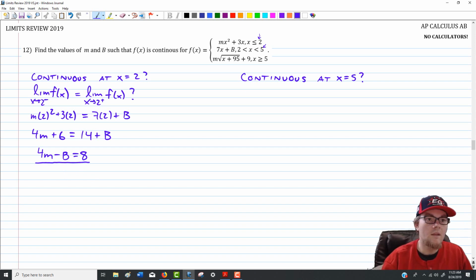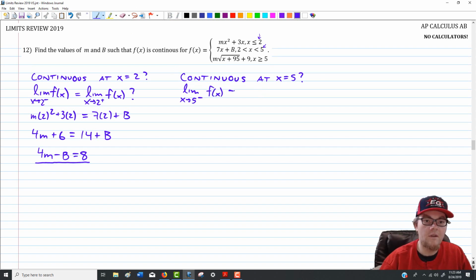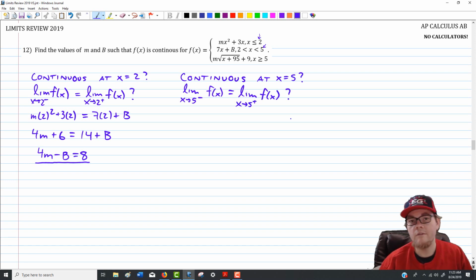Next, we can start attacking continuity at x equals 5. We're going to begin with the exact same investigation. Does the limit from the left side of f of x at x equals 5 equal the limit as x approaches 5 from the right side of f of x? Once again, it's an open question for now, so we include the question mark. We plug in 5 to both sides, keeping in mind that now we're using the bottom two functions because we're focusing on the boundary 5. On the left side, we'll get 7 times 5 plus b.